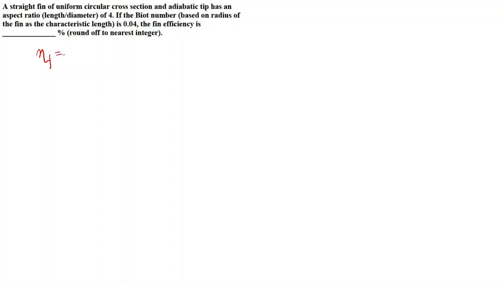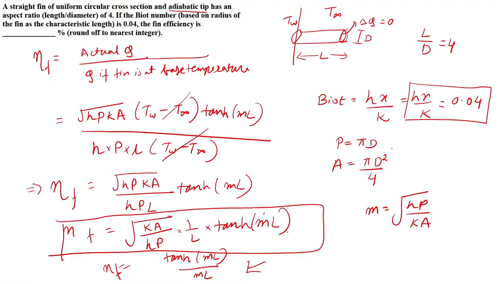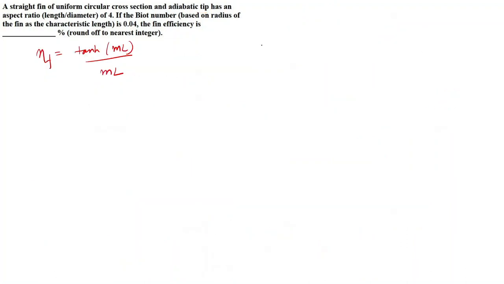So what information do we have? The fin efficiency is given as tanh(mL) upon mL, and the other thing we have is hR upon k is 0.04.